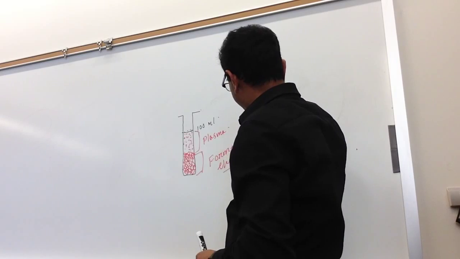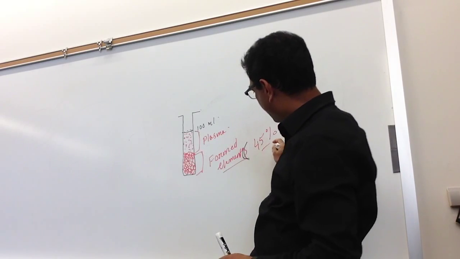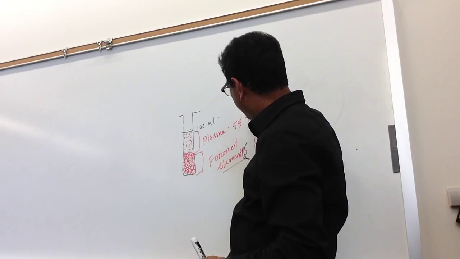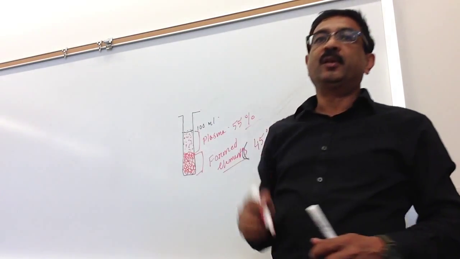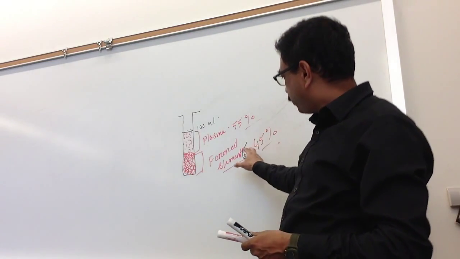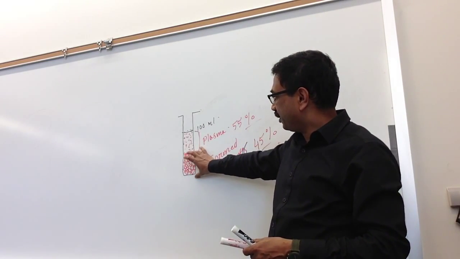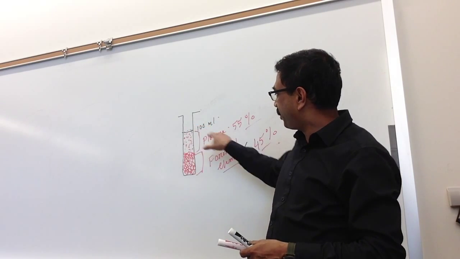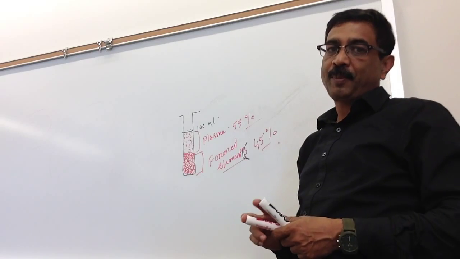About 45% volume is formed elements, and plasma forms 55%. So in 100 milliliter of blood, about 45% volume is the formed elements, and 55% is the plasma. Make sense?